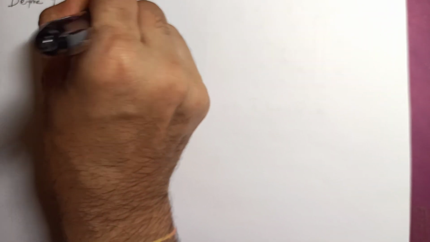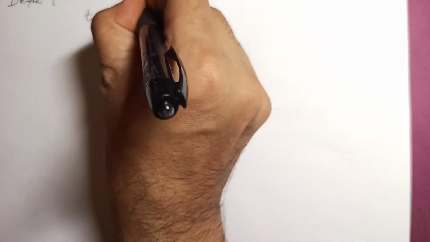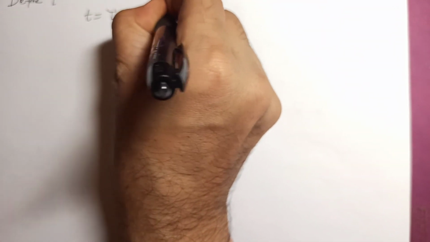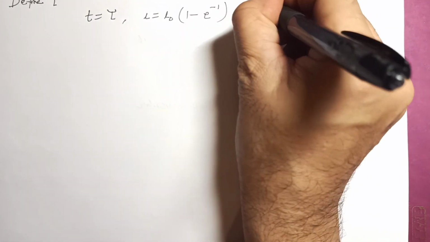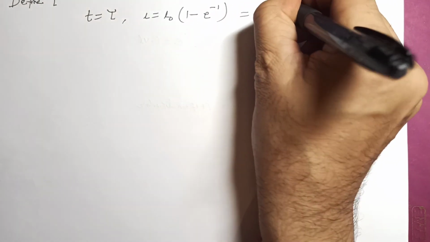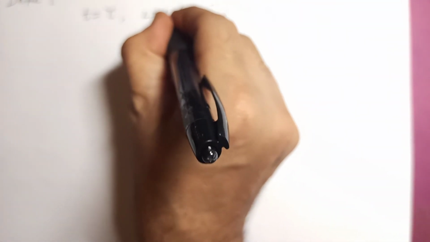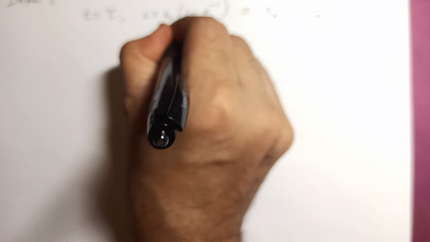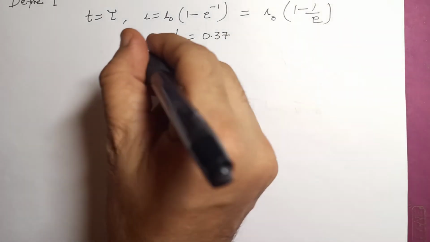When t is equal to tau, then I is equal to I naught (1 minus 1 by e), and the value of 1 by e is a standard value, just mark it because sometimes you might need to use it, is 0.37.